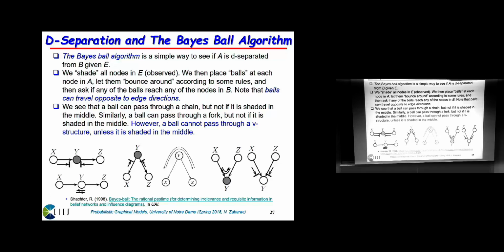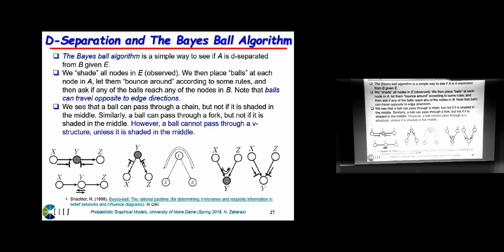So the idea here is to see graphically this separation. You throw a ball, and you try to see if a ball that you throw at X can reach Z, all right? And you have some rules that tell you when a ball can pass through an evidence node or a non-evidence node. If you can reach Z, then the path is not blocked. If you cannot reach, the path is blocked and the nodes are independent given the evidence.